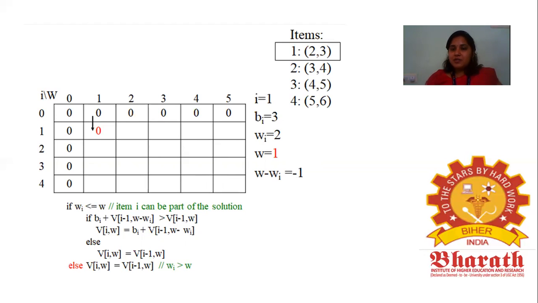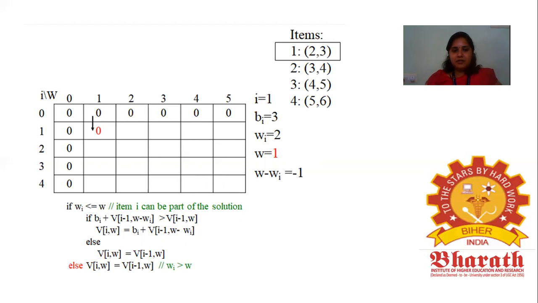The first object has weight 2, profit 3. The second object has weight 3, profit 4. The third object has weight 4, profit 5. The fourth object has weight 5, profit 6. And the capacity of the knapsack is only 5. Okay, clear. I'm starting with the first.